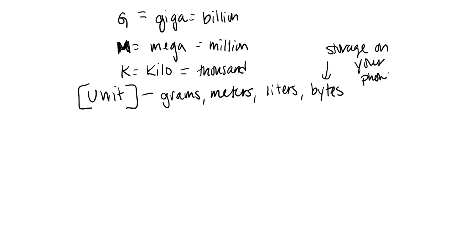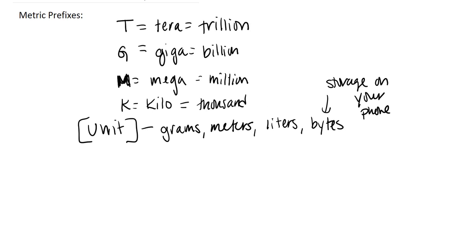How often do we go into, say, AT&T or any of those stores and ask for a certain kind of phone? Like, do we want a 64 gigabyte? We've seen this before. A megabyte could be a smaller app on your phone.